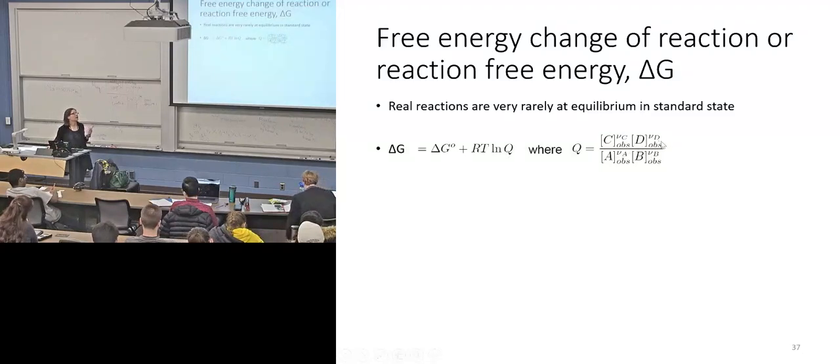Or your experimental concentrations. It's for our simple 2 reactant, 2 product, A, B, C, D case: concentration of products raised to the stoichiometric coefficient, divided by the concentrations of the reactants raised to their stoichiometric coefficients. But again, this subscript observed, or experimental, or real is on the bottom versus if equilibrium were achieved.